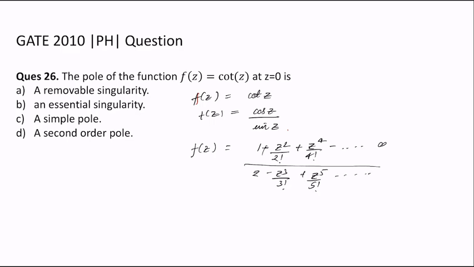Okay, now what you can do is that you take the numerator as it is, pardon me if I'm making some mistake in sign, but that is irrelevant over here.